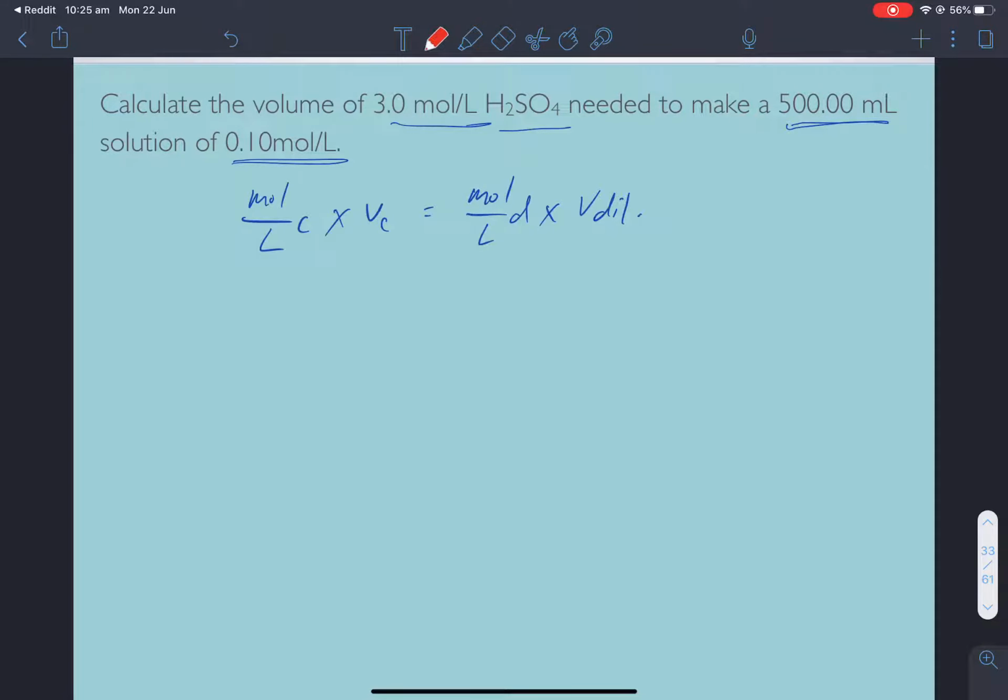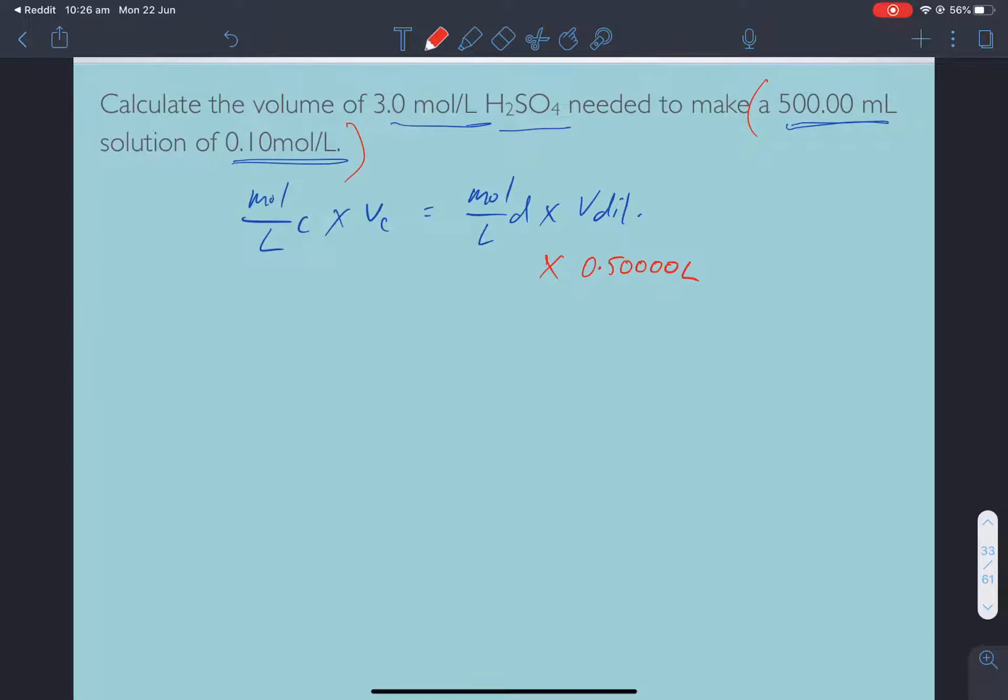Let's pull out the information that we know. We're making a diluted solution here, going from 3 mole per liter down to 0.1 mole per liter, and we need 500 mL. So the diluted volume is going to be 500 mL, or convert it to liters, 0.5000 liters.